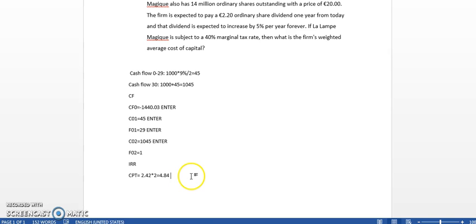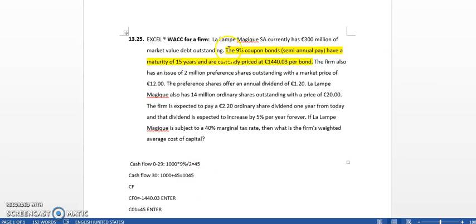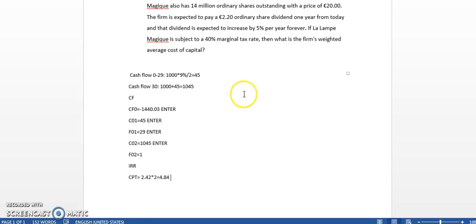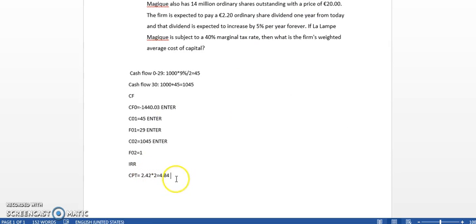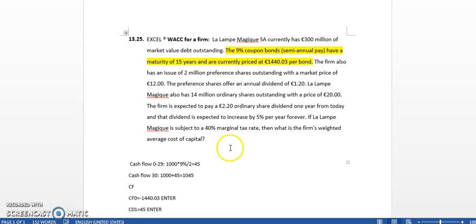So basically everything we need to know about using the financial calculator to calculate the cost of capital of the bond is here. I'm just showing you the question here, and the steps I've written down in detail, and I hope this helps you.